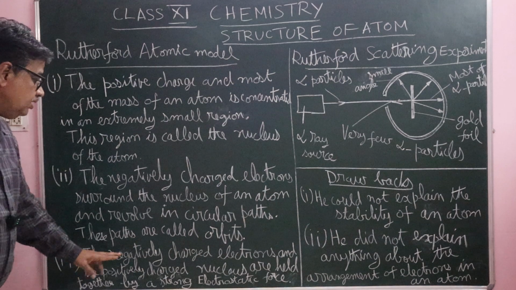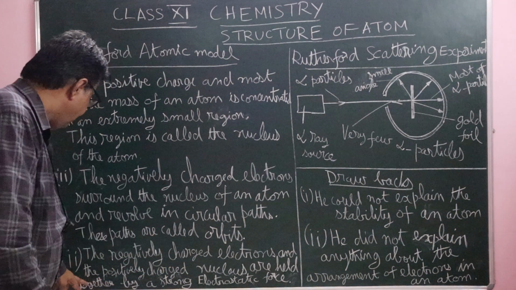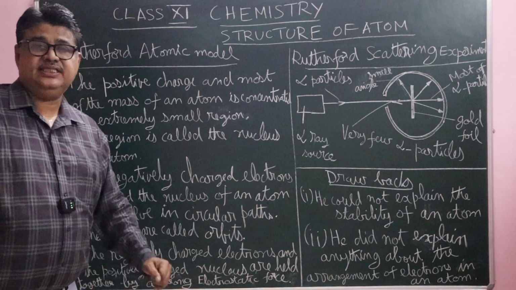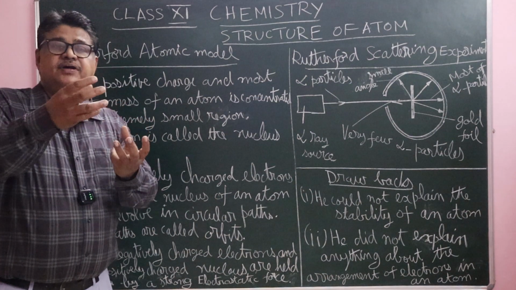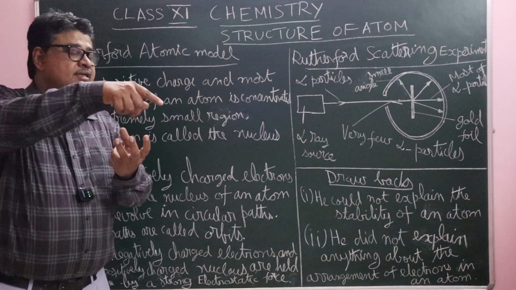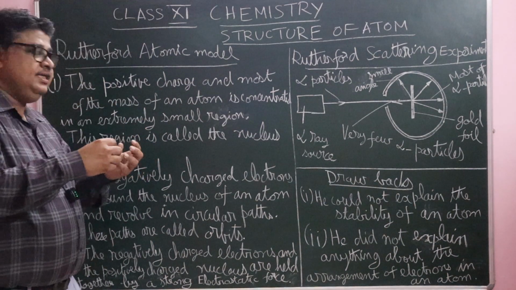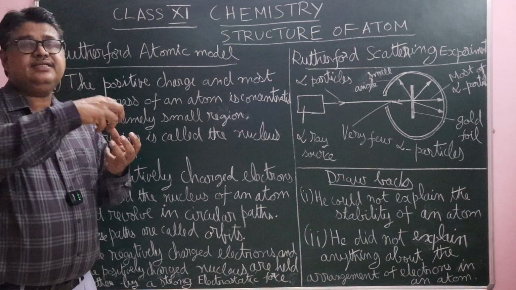The negatively charged electrons and the positively charged particles are held together by a strong electrostatic force of attraction. That means here the nucleus is at the center. All the positive charges are inside the nucleus. Electrons revolve around the nucleus. Therefore, there is an electrostatic force of attraction between the nucleus and the electrons.